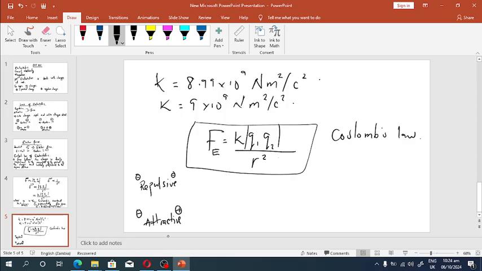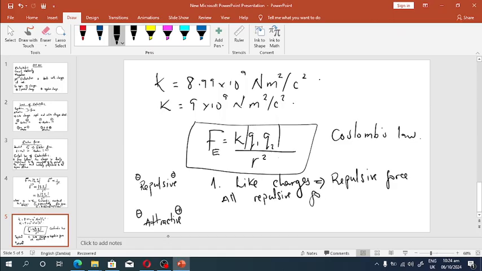And so as we are doing our calculations to determine the electric force, number one, for like charges we have a repulsive force, and all repulsive forces are negative.